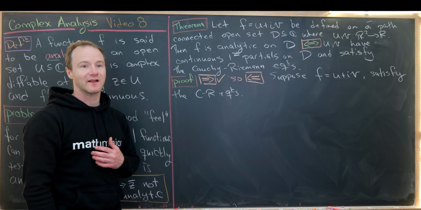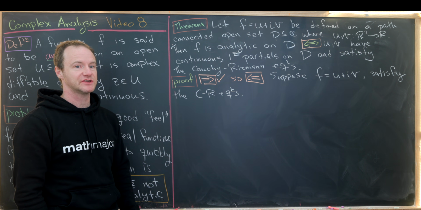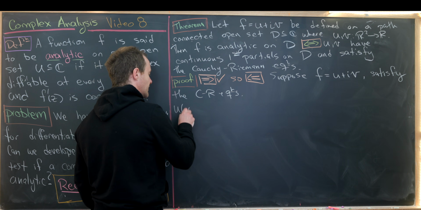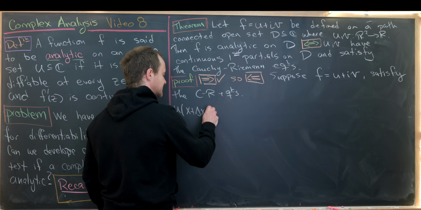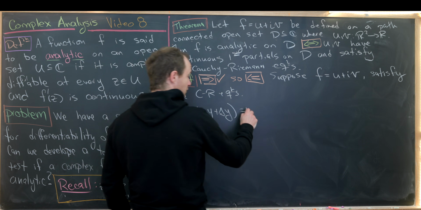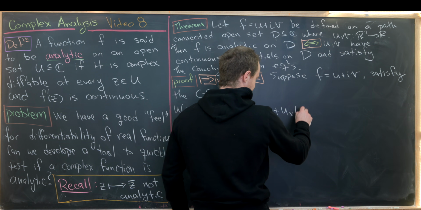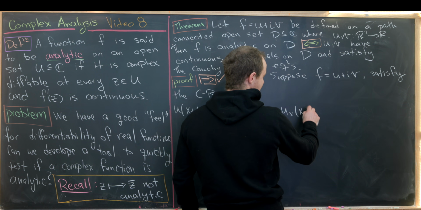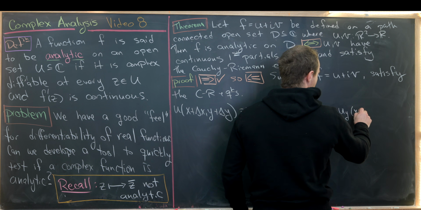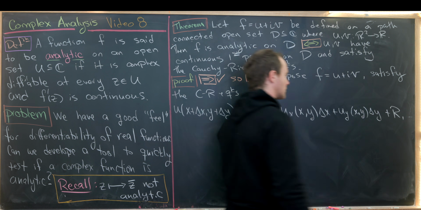Now I'll apply a linear approximation. This is actually Taylor's linear approximation to both u and v. We take u evaluated at x plus delta x comma y plus delta y, and that is equal to u of xy plus the partial of u with respect to x at xy times delta x, plus the partial of u with respect to y at xy times delta y, plus a remainder r1.